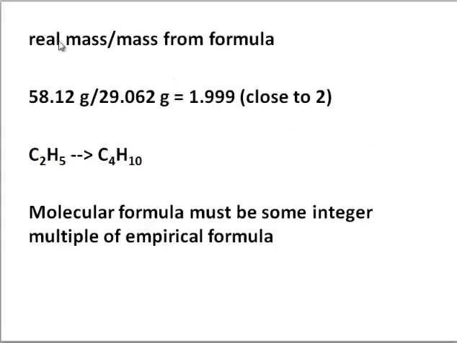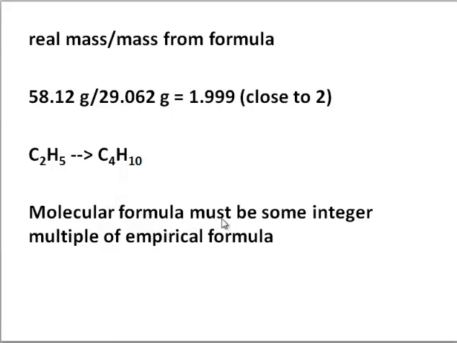If we take the real mass and divide by the mass from the formula, we get a number 1.99, close to 2. This means that the molecular formula can be obtained by multiplying the subscripts in the empirical formula by 2. In other words, the compound's formula is actually C4H10.